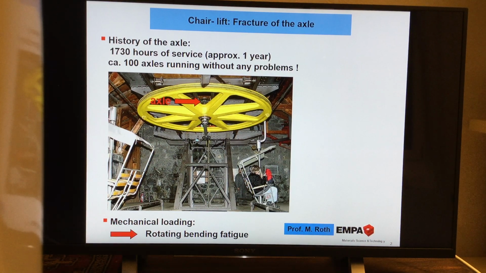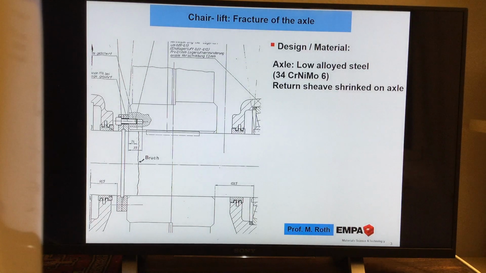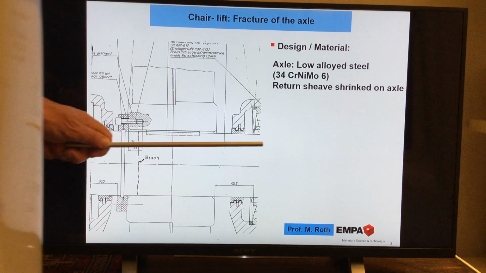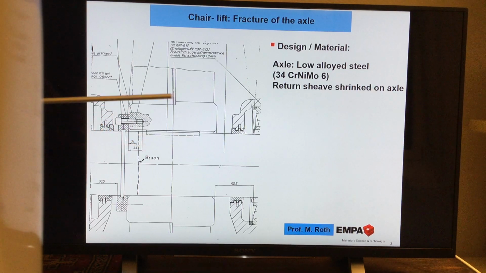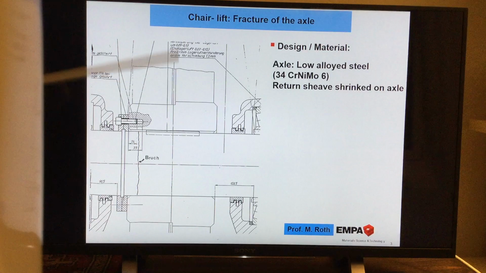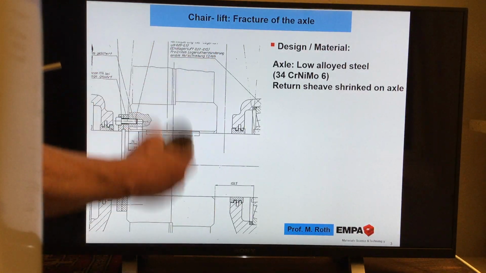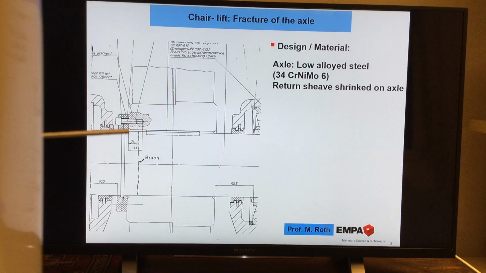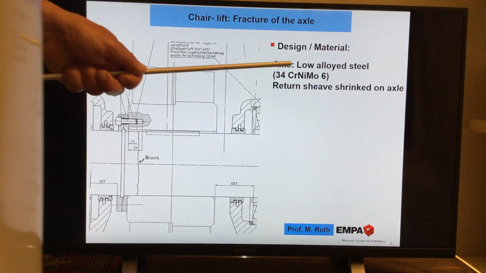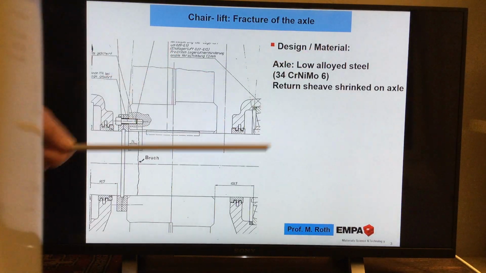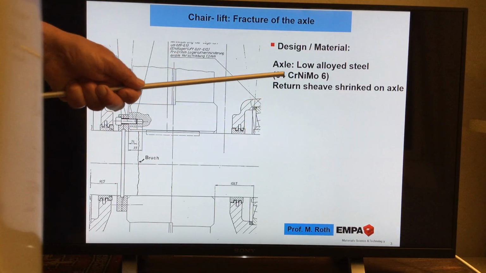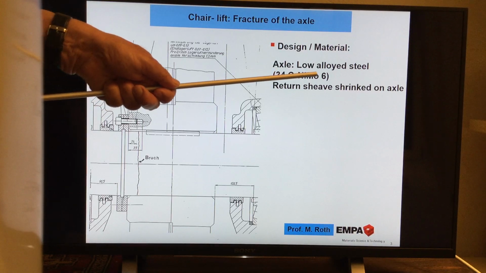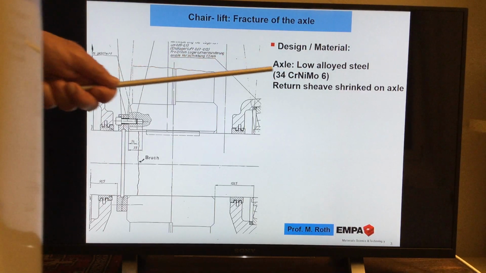Now the next slide shows us the technical drawing, the design and the material. What we see first here is our axle, and this is our returning sheave, this wheel here around, only a part of it. And this axle, you see, is a low alloyed steel made from 34 chromium nickel molybdenum 6. This is a German designation.